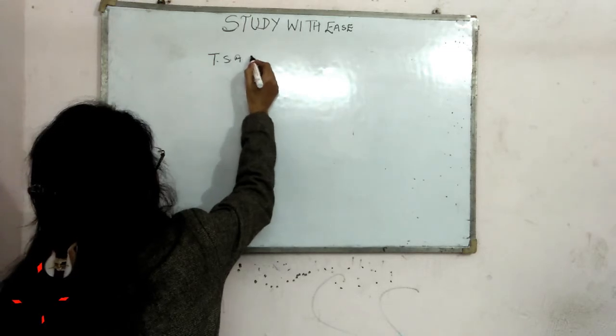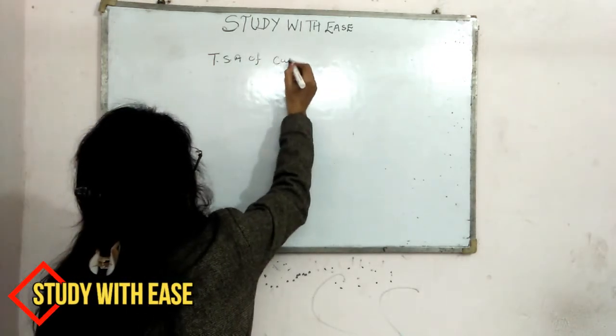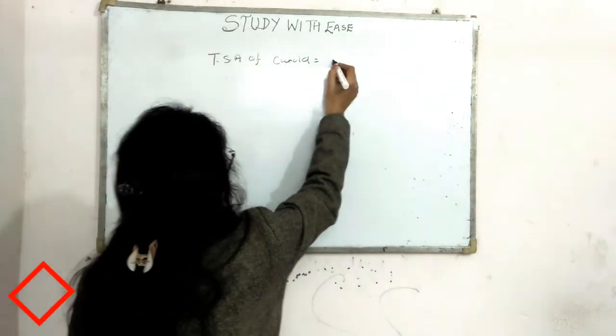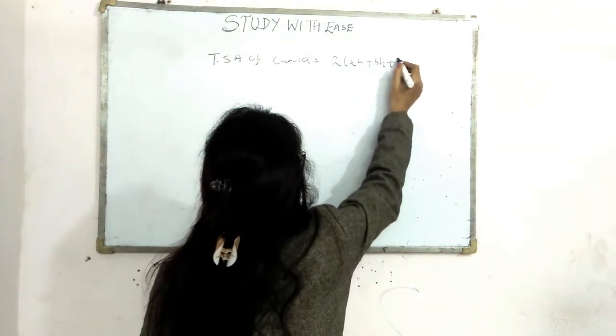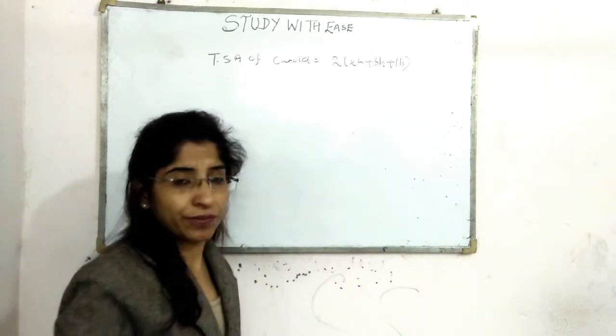Total surface area of cuboid. Now everyone can give the answer. It will be 2 (LB plus BH plus LH).